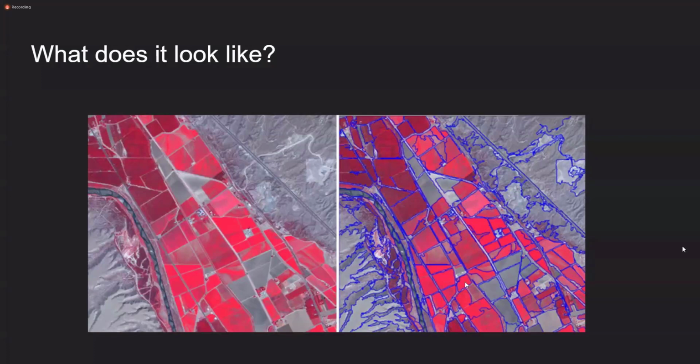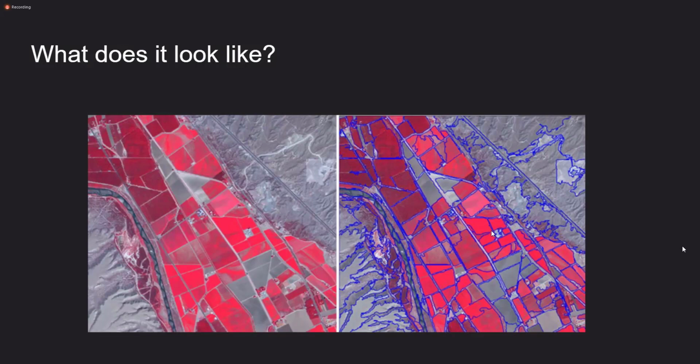Well, on the left side here, you can see an agricultural region and agricultural fields shown with a false color composite set of bands so that the agricultural fields are bright pink. And we can use the properties of those fields and of the spectral properties as well as the shape properties of those fields to get something that looks like the right-hand side.